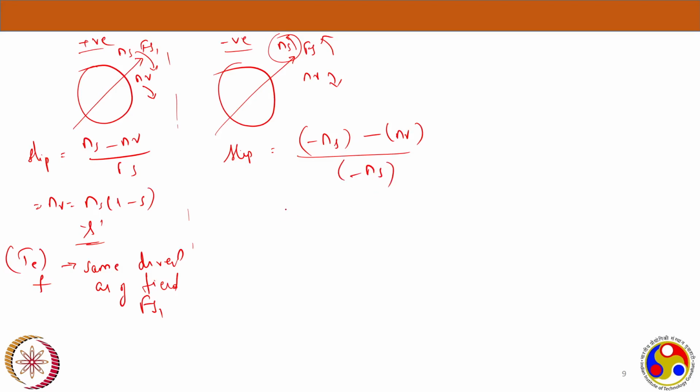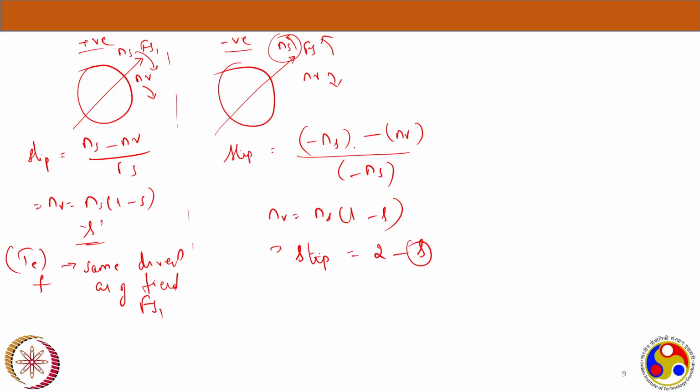Now if you solve this, nr is equal to ns into 1 minus s. So here your slip would be 2 minus s, where this s is nothing but ns minus nr by ns.